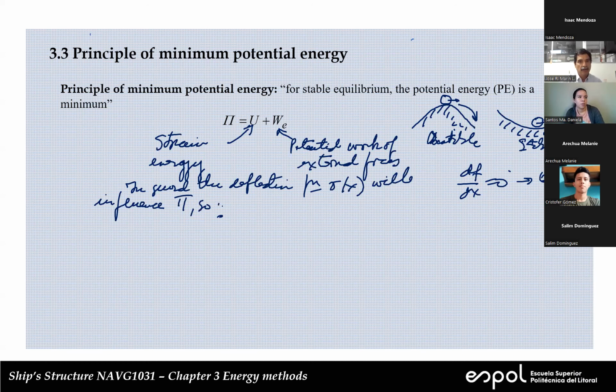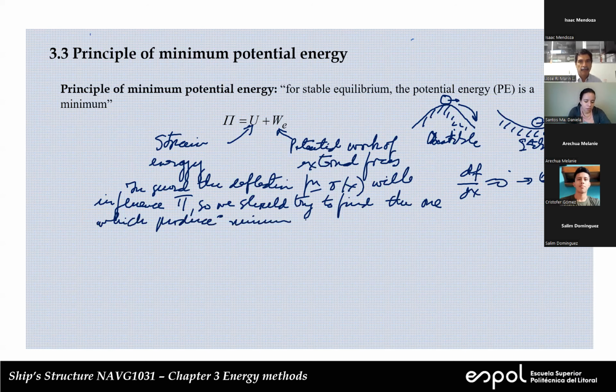So we should try to find the one which uses the minimum. Okay, so it's like a much wider procedure, right? Because it's not just a fact that you try to find an x value to have the minimum or maximum. In this case, it's like trying to find a function, V of x, which makes the potential energy minimum.